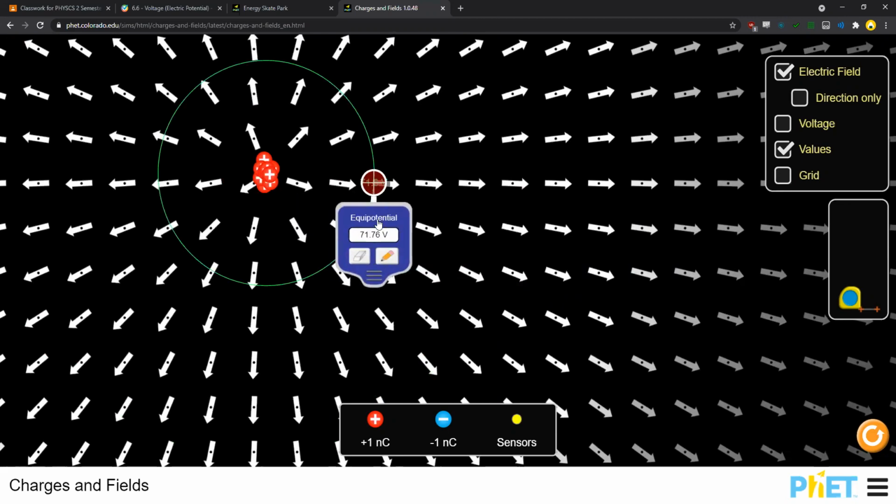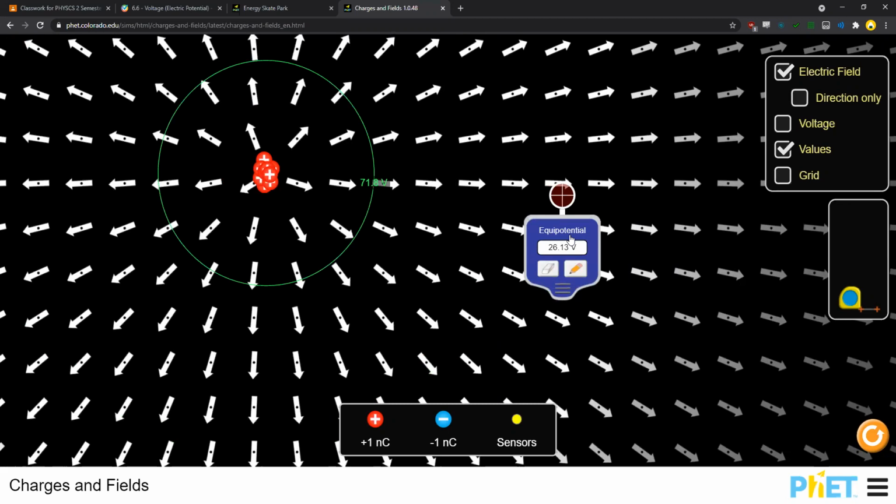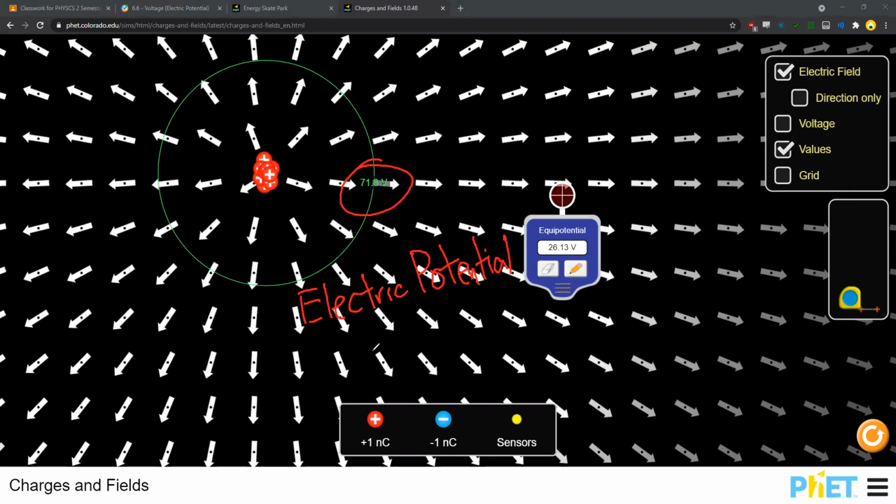And I'm gonna pick a point. At that point, I can say that my electric field has an electric potential of 71.8 volts. That's the potential energy at that point.